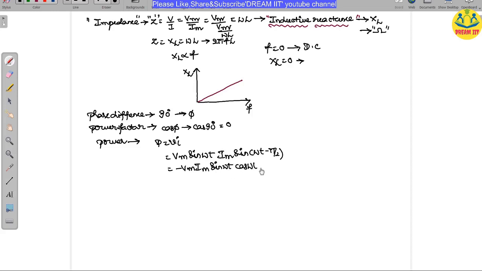Multiplying and dividing by 2, you get minus Vm Im by 2 sin 2 omega t. This is the formula I have used: sin 2 theta is 2 sin theta cos theta. That's why I multiply and divide by 2. So you will get minus Vm Im by 2 sin 2 omega t.